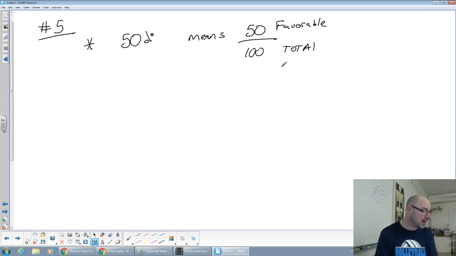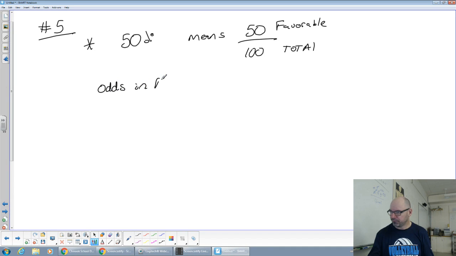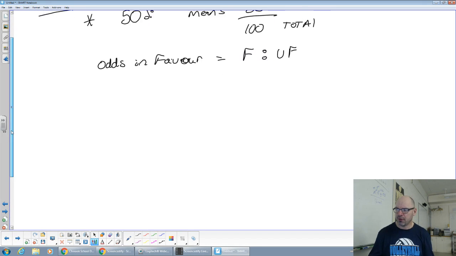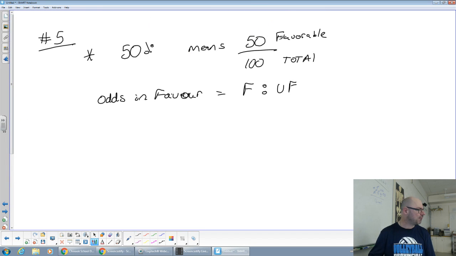Okay? So then it says, determine the odds in favor. So odds in favor, or favorable, equals the favorable outcomes to the unfavorable outcomes. Now, we don't know the unfavorable outcomes because the favorable outcomes is 50% and the total is 100.